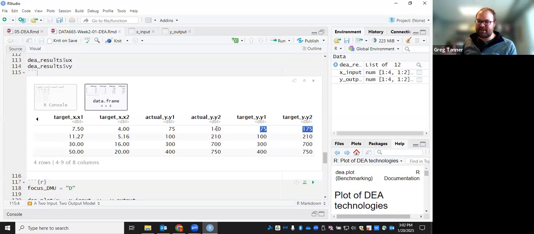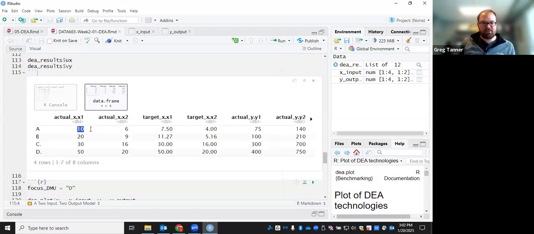And so in this case, we've got exactly equal the number of DMUs and the number of metrics for inputs and outputs. Okay. But our target inputs are always going to be less than the actual inputs for our inefficient DMUs. For our efficient DMUs, C and D, the target equals the actual because it's using itself as the target.